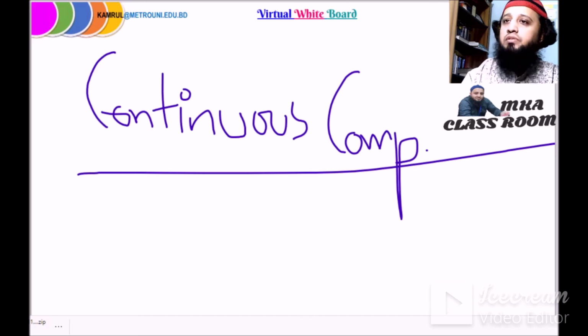Previously we have talked about semi-annual, quarterly, monthly, weekly or daily compounding, but there is another type of compounding, nanosecond compounding.